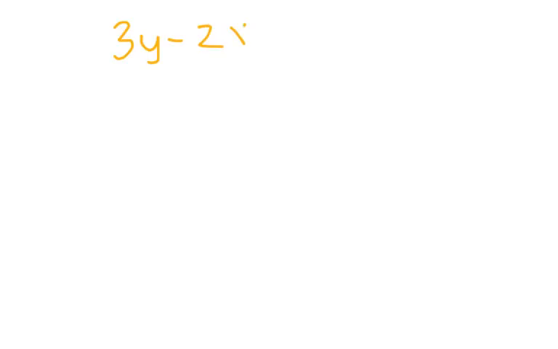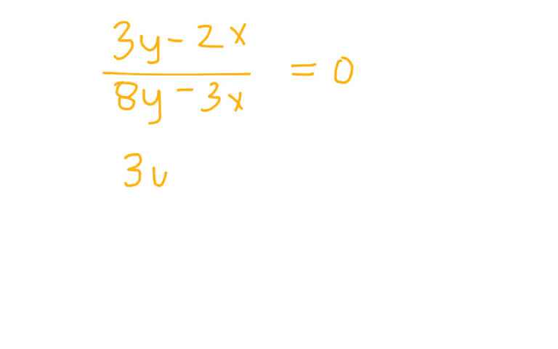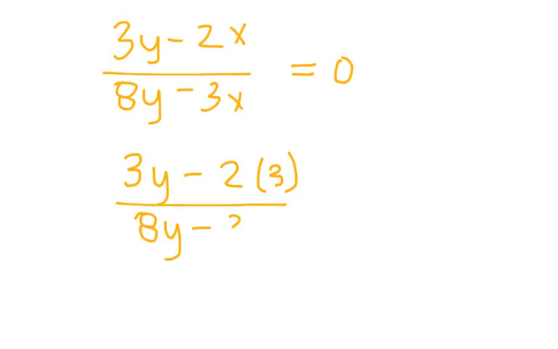Now we set the expression to 0, so (3y minus 2x) over (8y minus 3x) equals 0. Now we plug in 3 for x. So 3y minus 2 times 3 over 8y minus 3 times 3 equals 0.